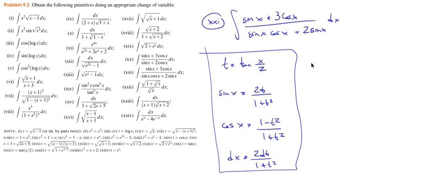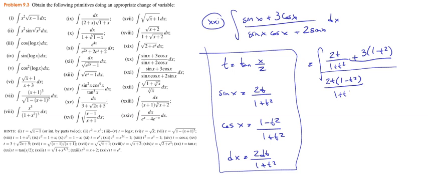Okay, now so let's apply this, right? So we have the sine of x, right? 2t over 1 plus t squared plus 3 times 1 minus t squared with the same denominator, right? Divided by the sine of x, 2t times 1 minus t squared divided by 1 plus t squared squared, and then plus 2 times the sine, so this is 4t, and then 1 plus t squared, all of this divided by 1 plus t squared squared, right?